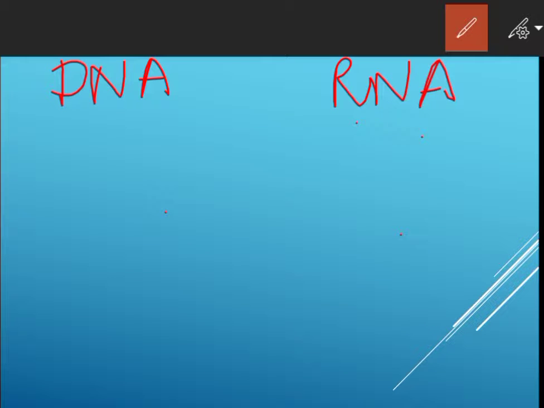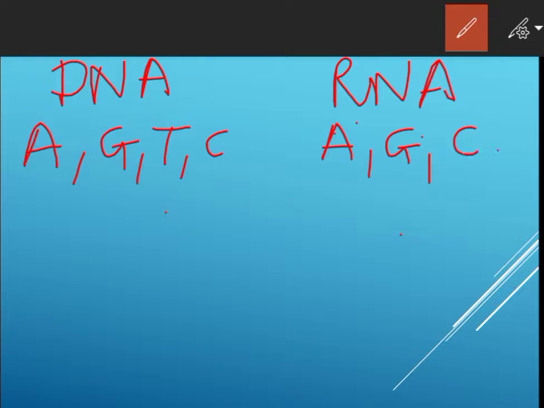Now, the fourth point of difference is the nitrogenous bases present in DNA are adenine, guanine, thymine, and cytosine. Whereas the nitrogenous bases present in RNA are adenine, guanine, cytosine, and instead of thymine, uracil is present.